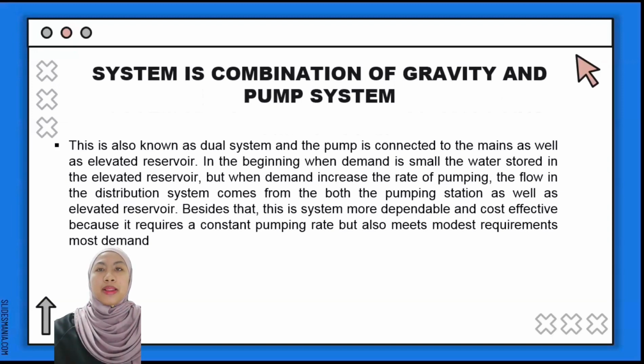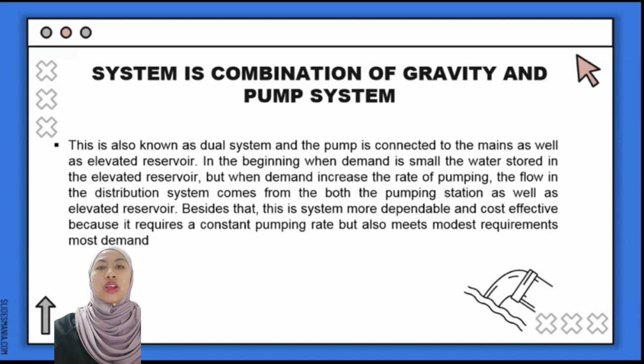From drawing plan, we choose the system combination of gravity and pump system. This is also known as dual system, and the pump is connected to the main as well as elevated reservoir. In the beginning, when demand is small, the water is stored in the elevated reservoir.